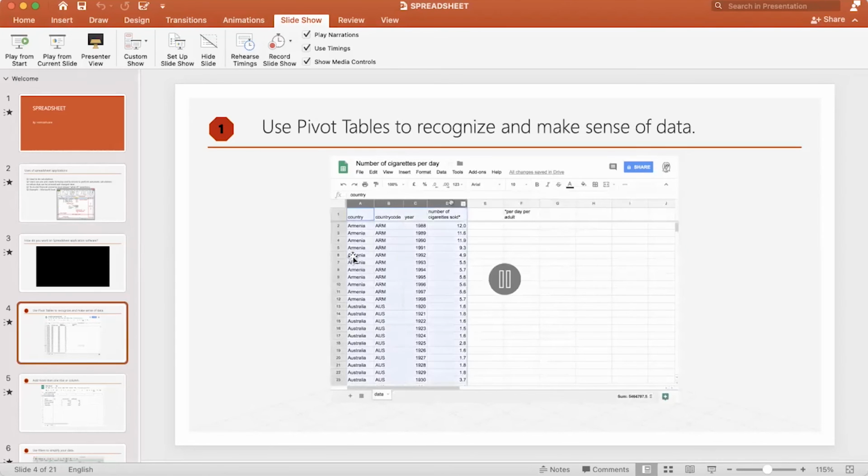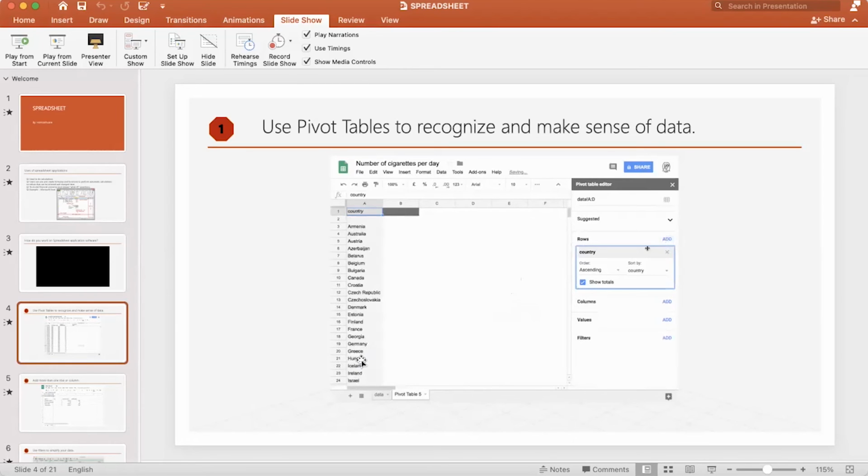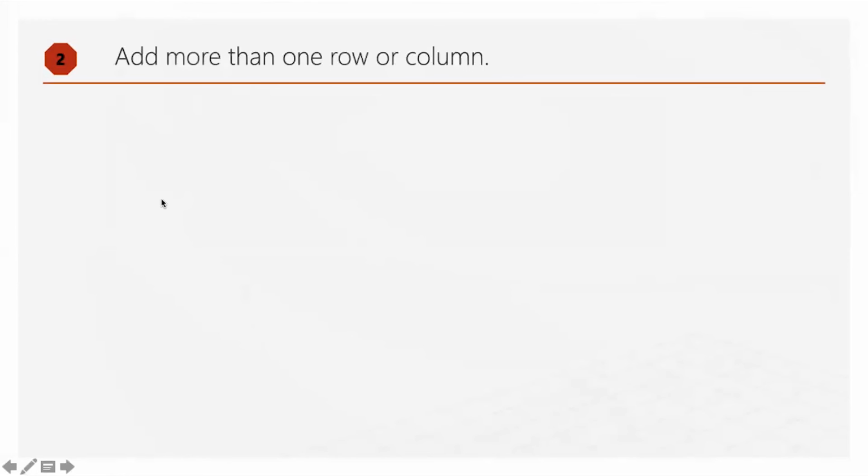Understood? Here, see, in your data the country names are entered more than once. So in the pivot table, you can reduce that amount of data. The second feature is add more than one row or column. If you want to add more than one row or column, you can do it in a spreadsheet application.